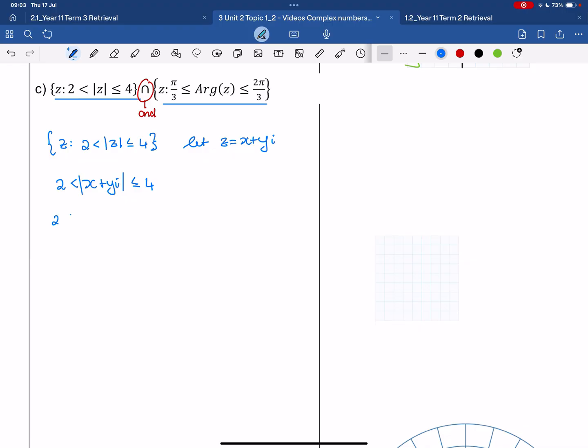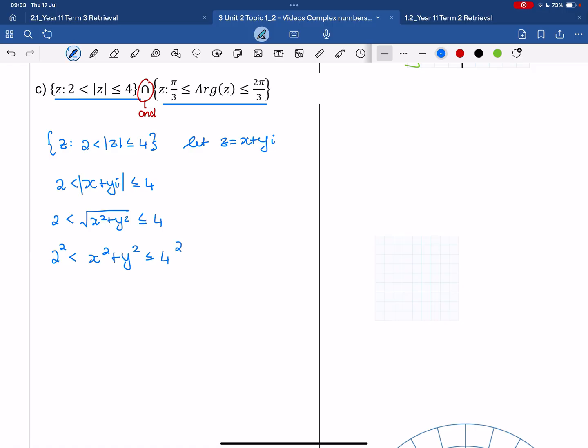So 2 less than the square root of x squared plus y squared, which is less than or equal to 4. I can square all of my terms in my inequality so that I've got 2 squared less than x squared plus y squared less than or equal to 4 squared.